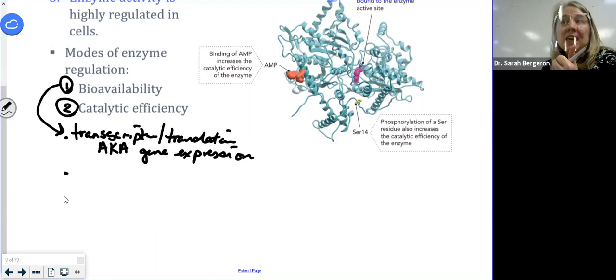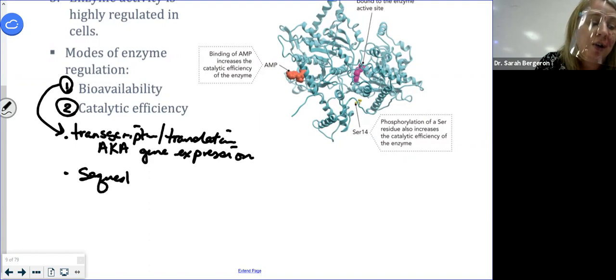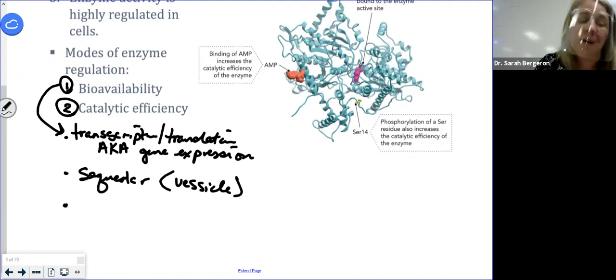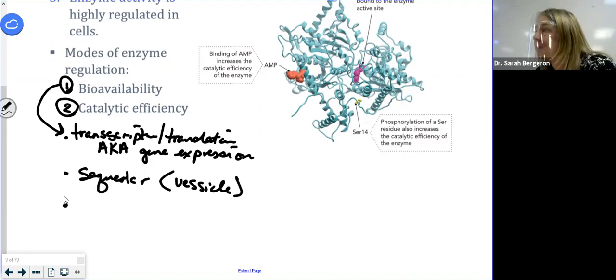We can make it, and we can what? Not just to hide it. You could put it in particular compartments. You could sequester. Put them in something like a vesicle, something like that, right? You could do that. What's the other big one?